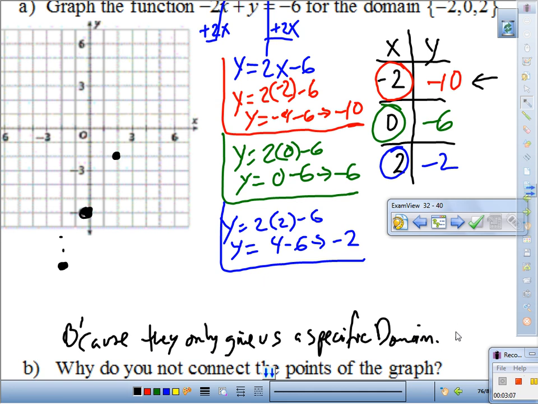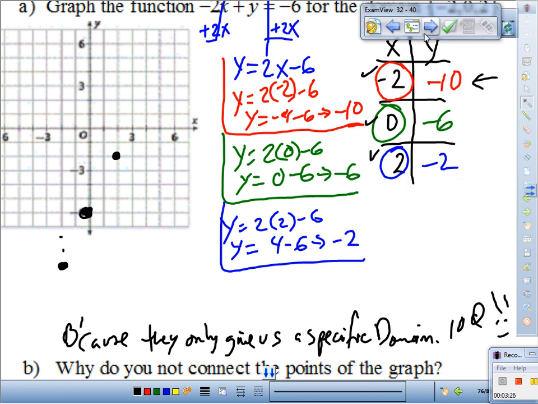And what was the specific domain? Guys? Negative 2, 0, and 2. That's why we only plot those. We only draw the line with arrows when it includes all the other points. Does that make sense? All right.